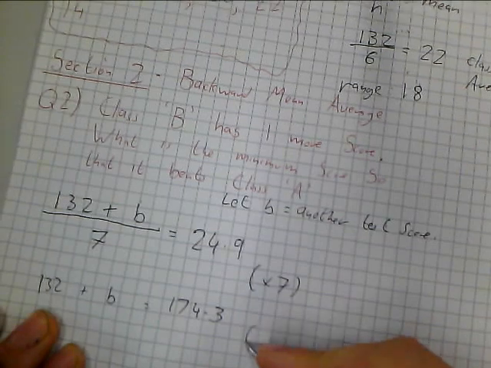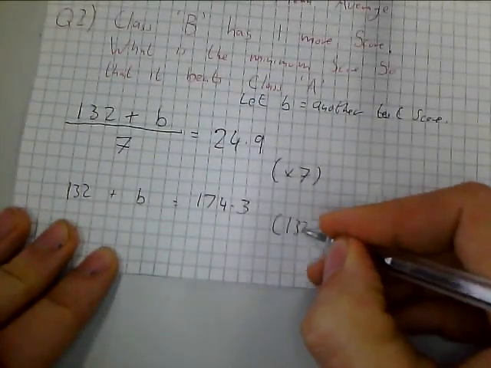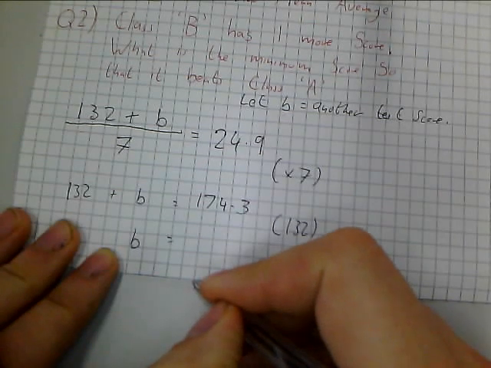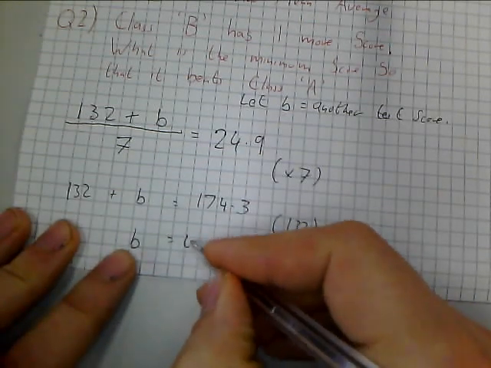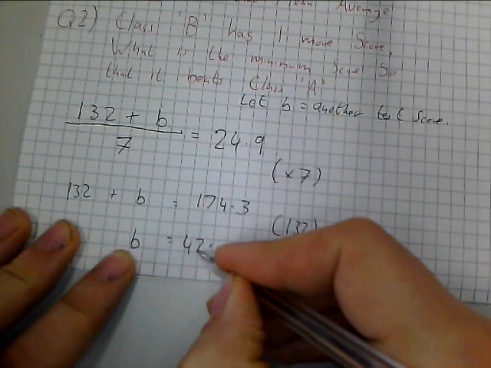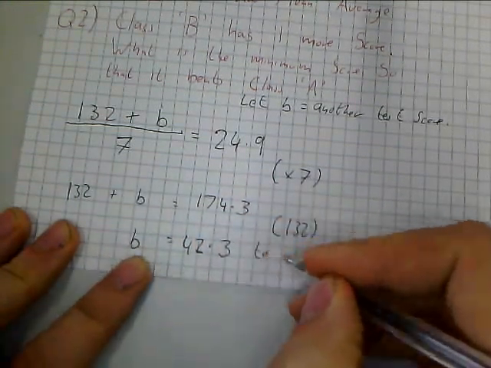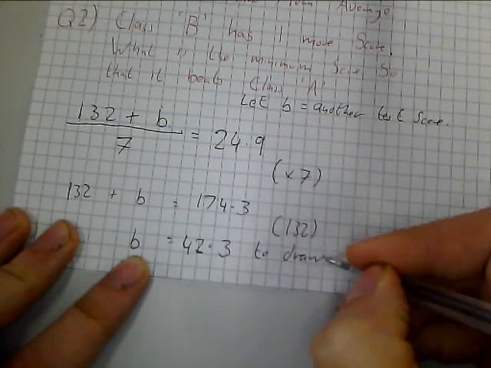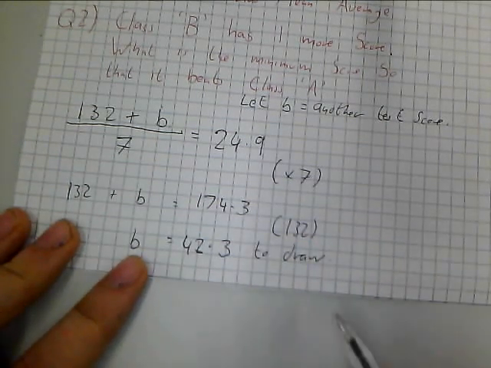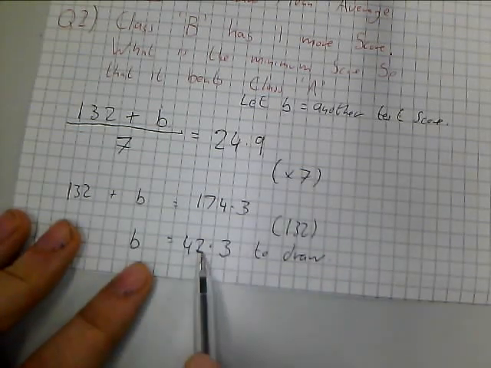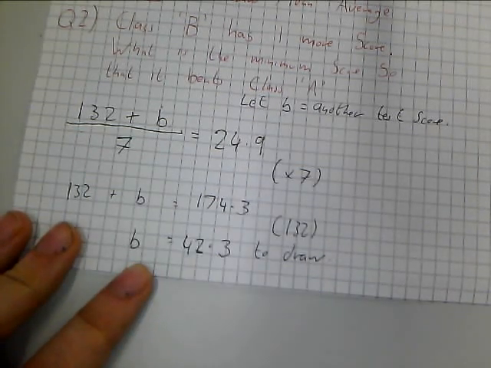Then we're going to take off 132 from both sides, so B is equal to 42.3. That is to draw. If someone gets exactly 42.3, which I know is impossible, but if they did, they'd get exactly the same mean average as class A.